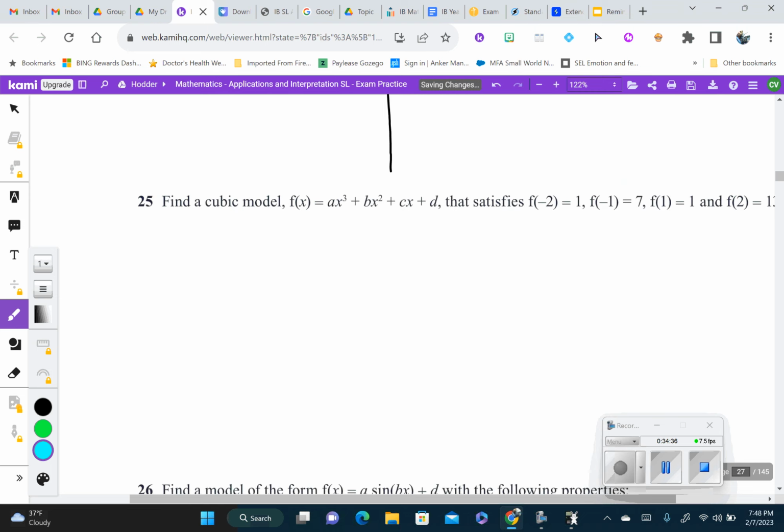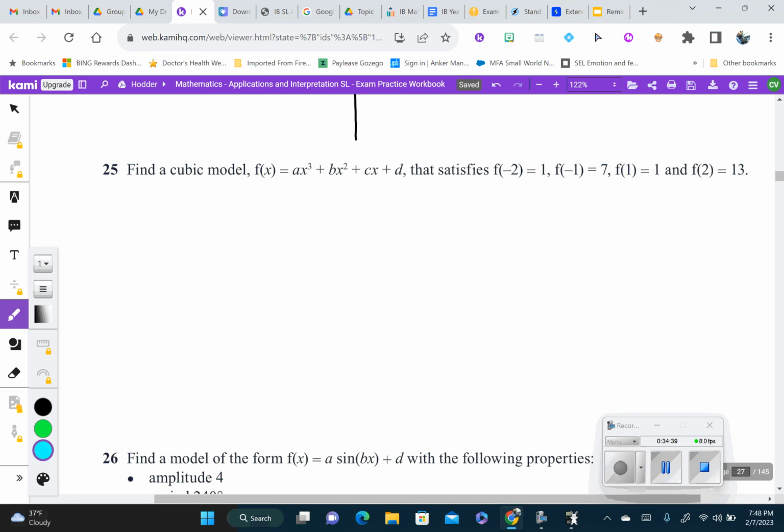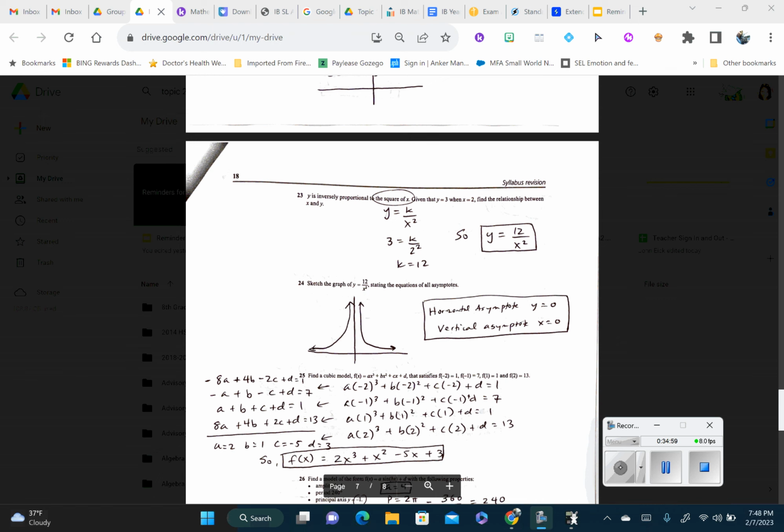Cubic model, again, we've done this a lot. This is exactly the same thing, right? Plug it in, use the polysolver. Let me know if you have questions about this. I'll just show you what I did before. So I plugged in my x and my y, and I got this right here, right?